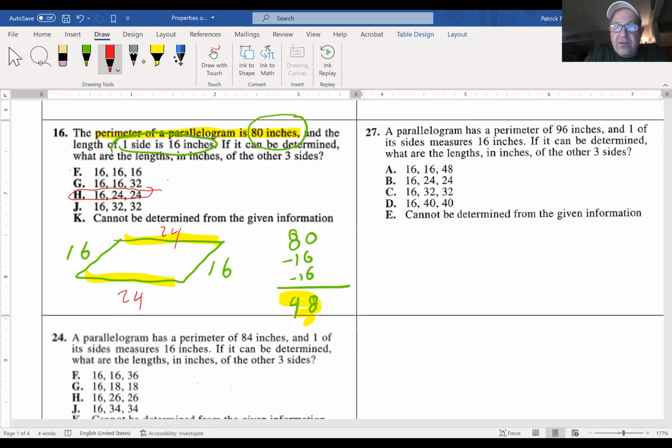Okay, I want you all to do number 20, the next two problems here, okay? They're done just like this one.